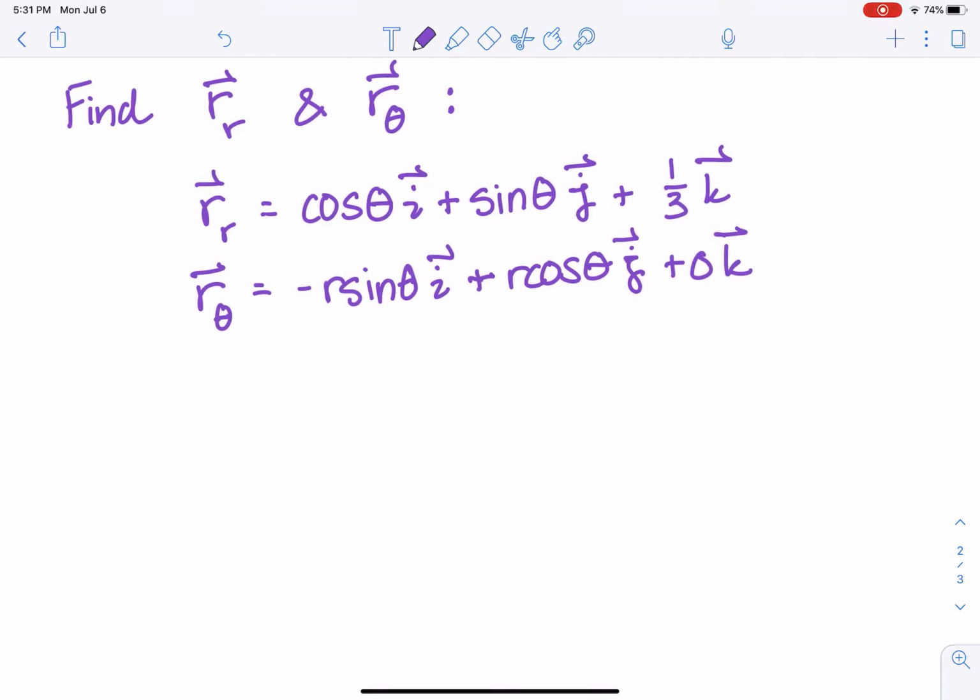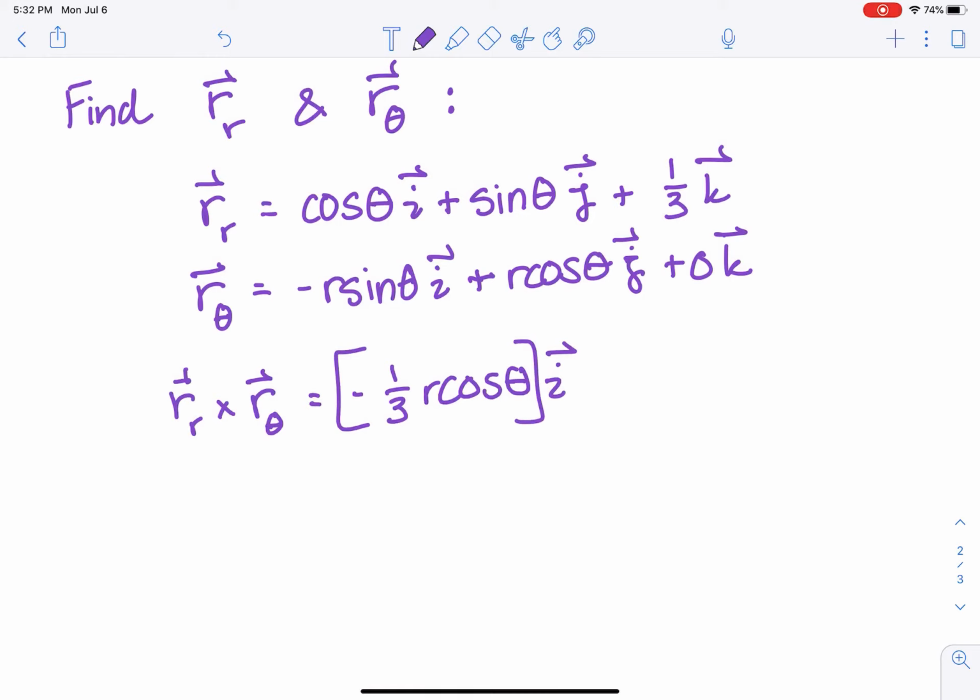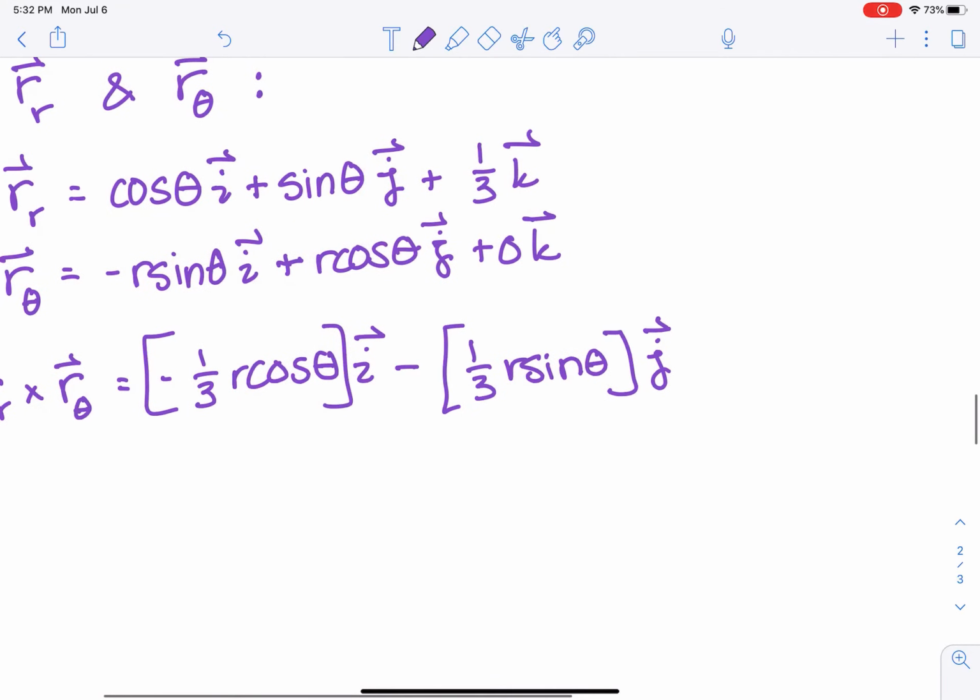So if we do the cross product of our r with our theta, I'll let you do this calculation on your own, but it does come out to be negative 1/3 r cosine theta in the i direction, plus, I have my work from earlier in front of me, minus 1/3 r sine theta in the j direction, and then there is just r in the k direction.